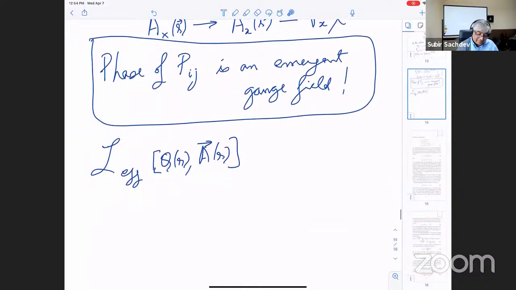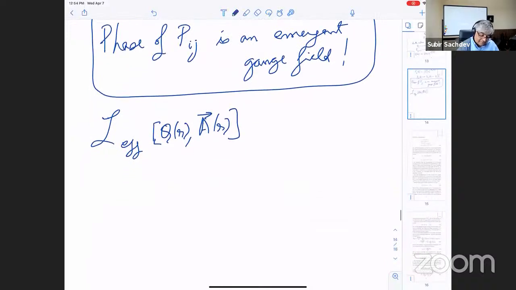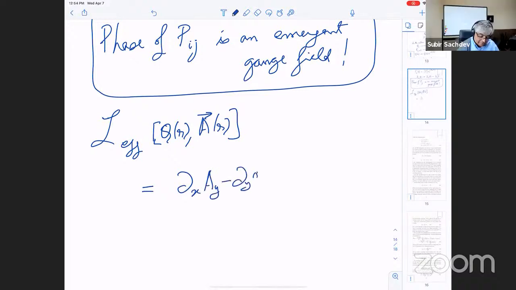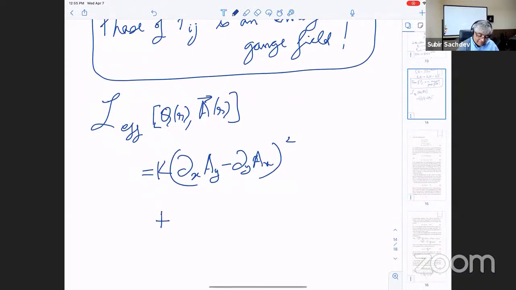So what does the effective Lagrangian look like? Well, the only thing it can have with respect to A is the Maxwell term. That's the only thing that's gauge invariant, at least in the continuum. So it'll be (dx Ay minus dy Ax) squared. So that's the Maxwell term with some coefficients. Then what about the Q's? Well, with the Q's, you could have a term like this. You could have K tilde times the gradient of Q, but it has to be gauge invariant.